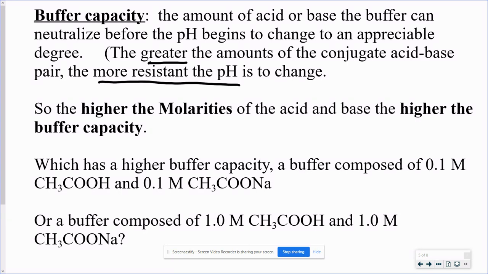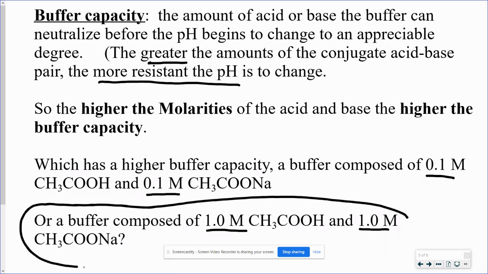So in the example, which has a higher buffer capacity? A buffer composed of 0.1 molar acetic acid and 0.1 molar sodium acetate, or a buffer composed of 1 molar acetic acid and 1 molar sodium acetate? Well, it would be the second one, because the higher the concentration, the greater the buffer capacity.